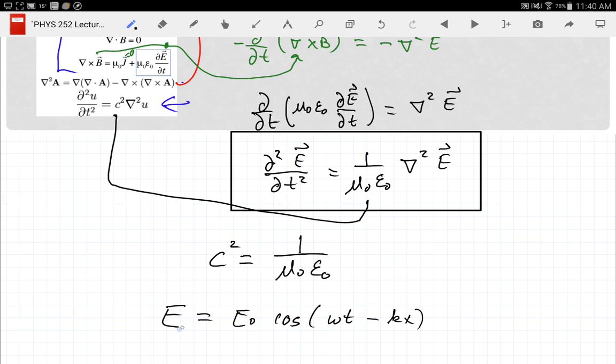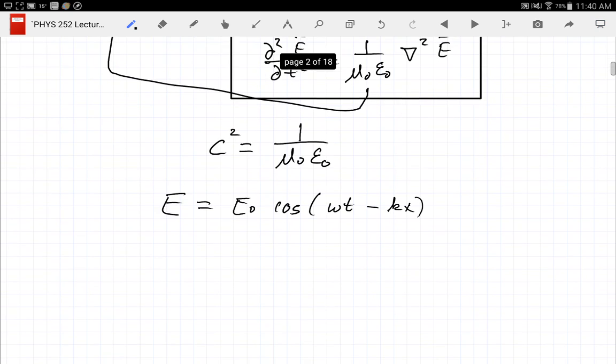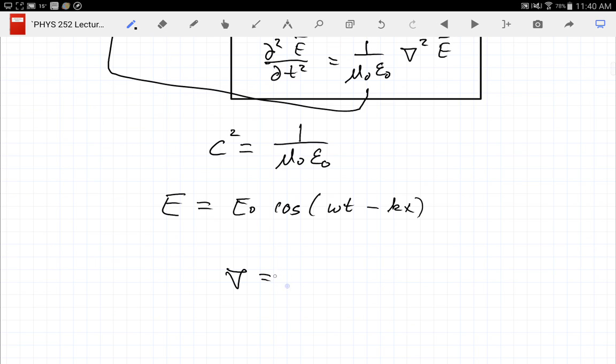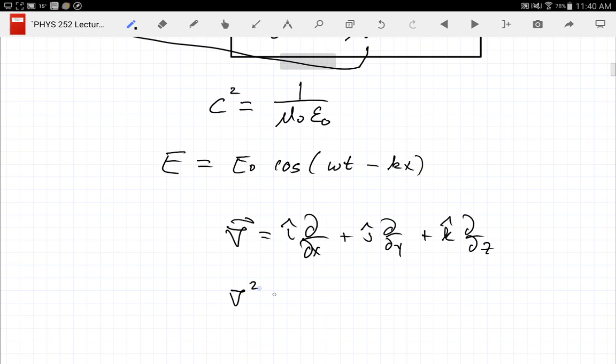And in that case, you would take this and you say, okay, let's take the second derivative with respect to time, and the second derivative with respect to position. Remember, del is just i hat d/dx plus j hat d/dy plus k hat d/dz, which means that del squared, which is del dot del, is equal to d second dx squared plus d second dy squared plus d second dz squared.